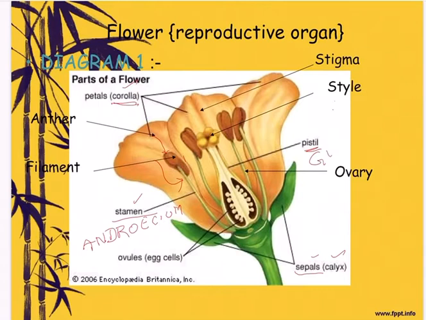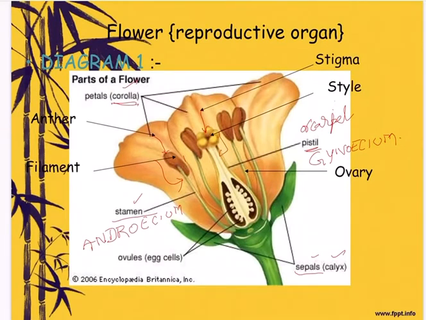So here let me write, fourth whorl in a flower is gynoecium, G-Y-N-O-E-C-I-U-M. Gynoecium is the female reproductive system. And this system has a part called pistil, or it is also called carpel, C-A-R-P-E-L, carpel. And the carpel consists of the stigma.